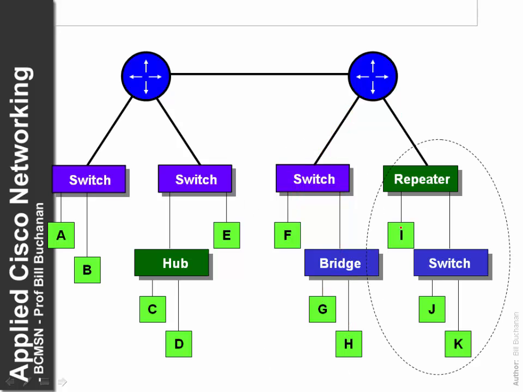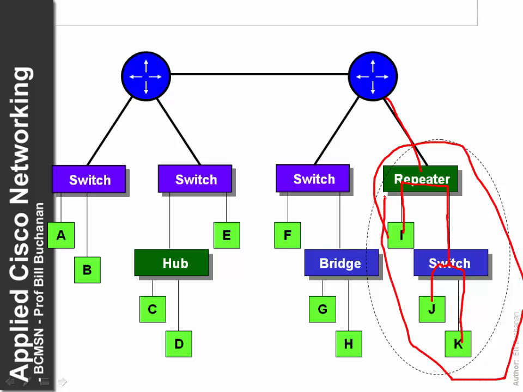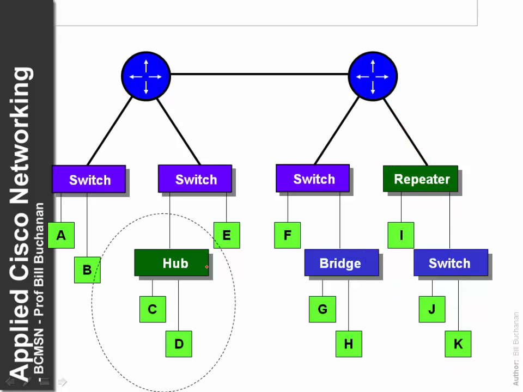And the repeater also forwards, so it forwards it to the switch which connects to J and K but is bounded here. So the ARP only applies within the broadcast domain. Nodes within that broadcast domain can connect directly to other nodes because they can actually discover them within the broadcast domain. Here we see a hub, and the hub connects the broadcasts.